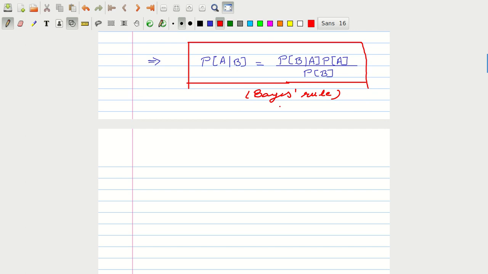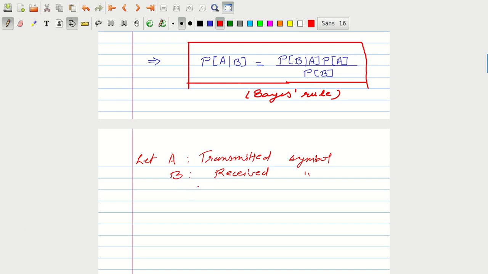To understand this, let us consider a digital communication system in which A denotes the transmitted symbol and B denotes the received symbol.